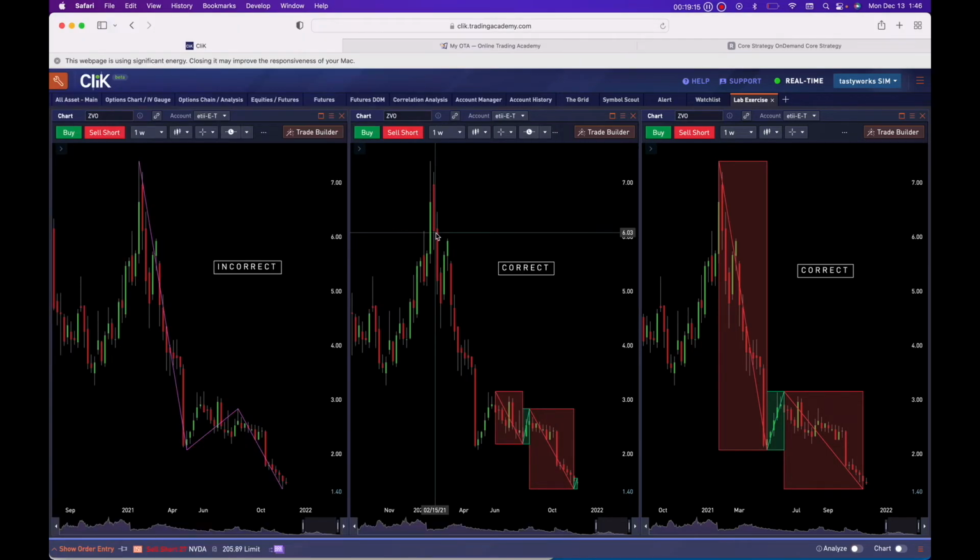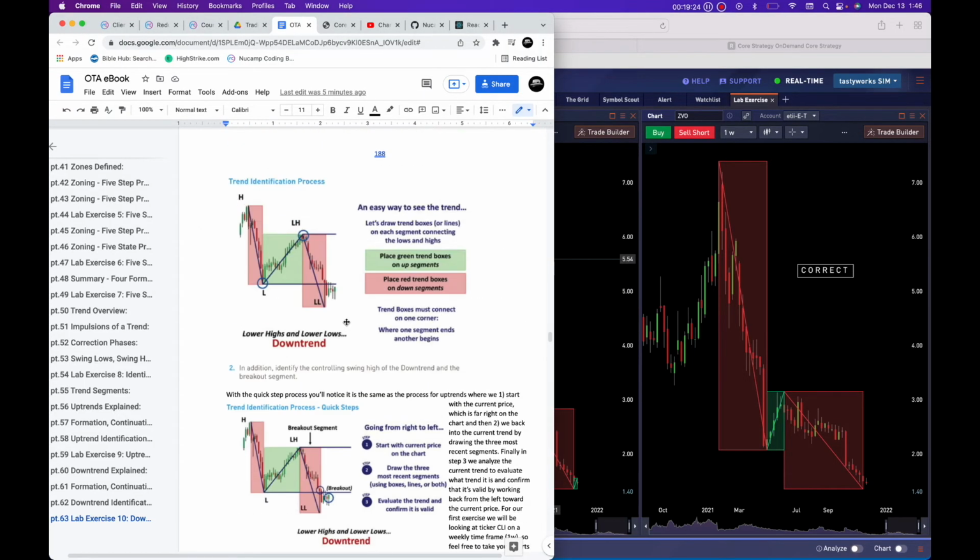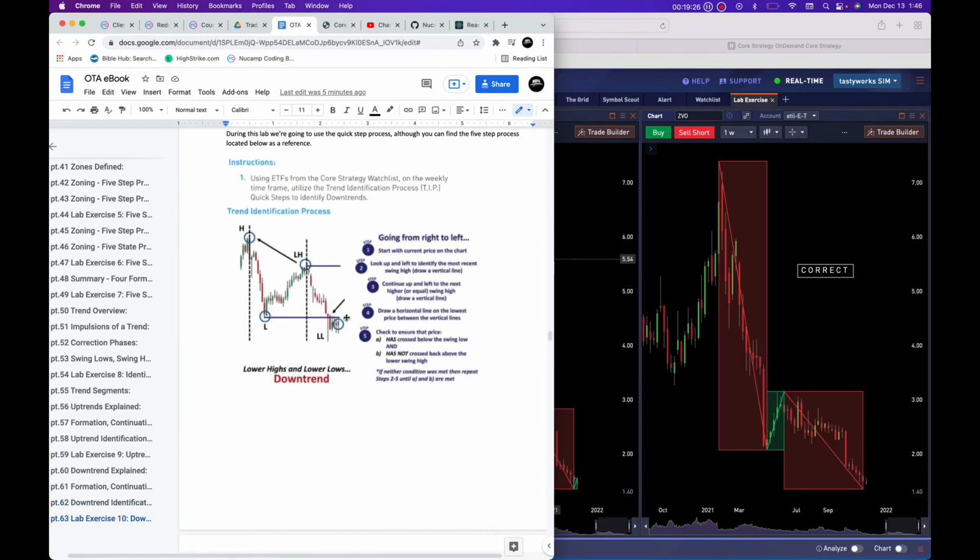While in this case it was obvious that it was a downtrend because that's the topic of conversation, you want to adhere to the basic principles of the process when it comes to identifying the trend. Also practice going through the 5-step process and see if that simplifies it for you in the event that using the 3-step process does not work out.